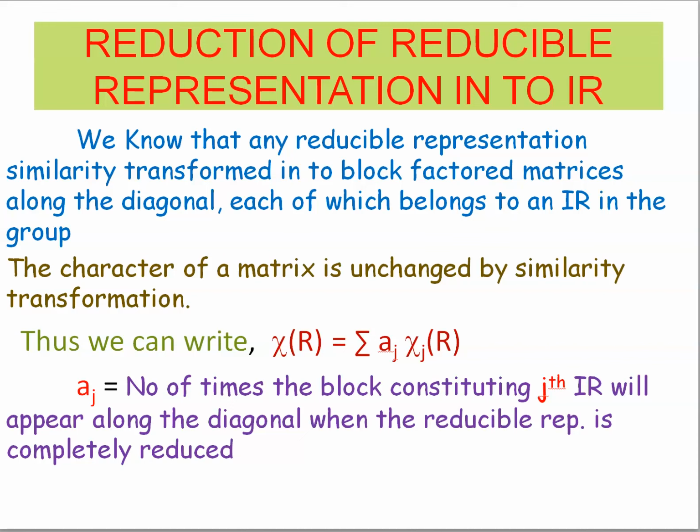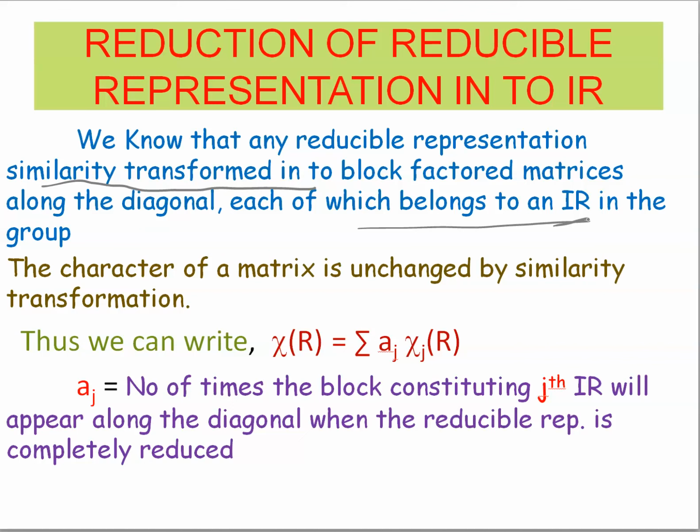It was to similarity transform that reducible representation into block factored matrices. By similarity transformation, it is converted into block factored matrices along the diagonal, and each of the small block factored matrices belongs to an irreducible representation. That was the conventional method. Now we are dealing with a simpler and easier way to reduce a reducible representation.